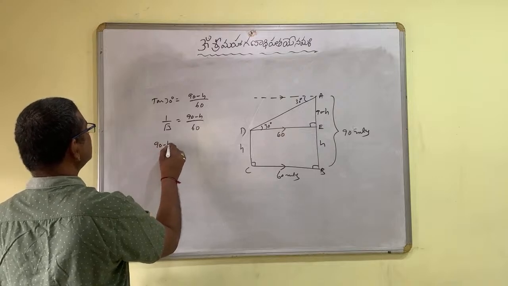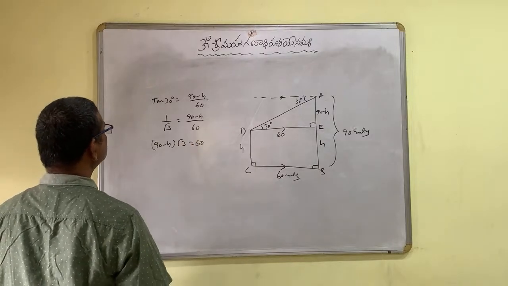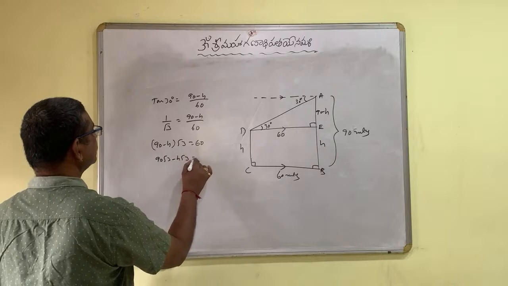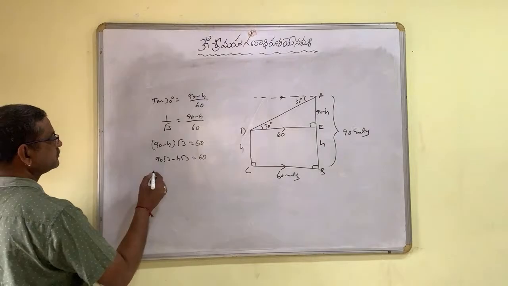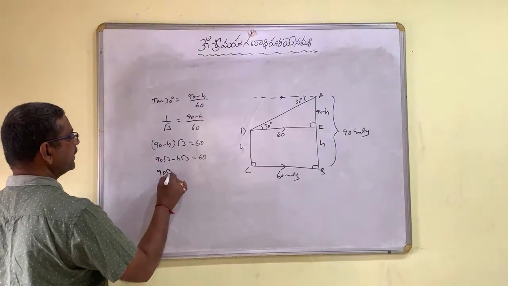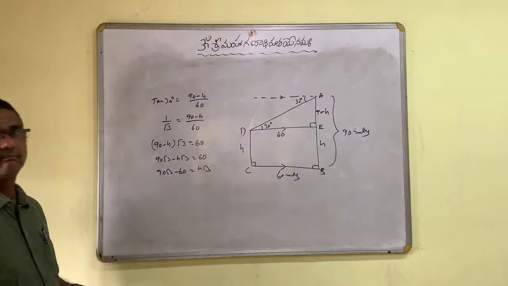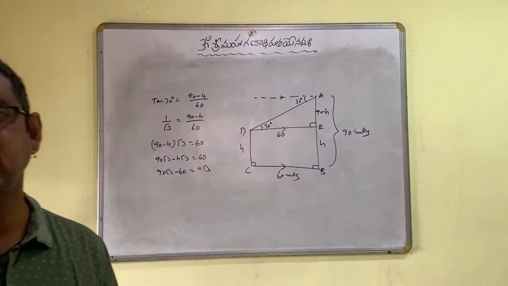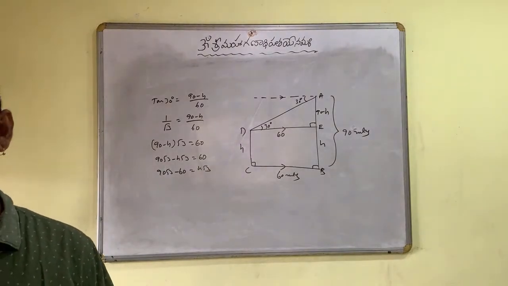So 90 minus h into root 3 is equal to 60. 90 root 3 minus h root 3 equals 60. 90 root 3 minus 60 is equal to h root 3.